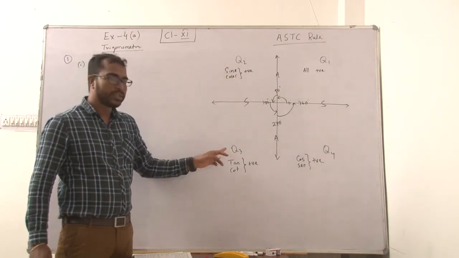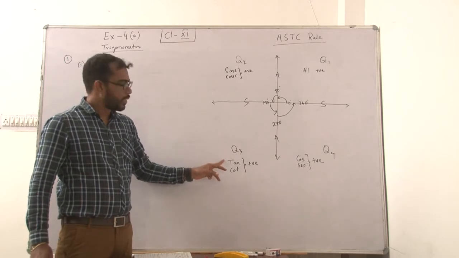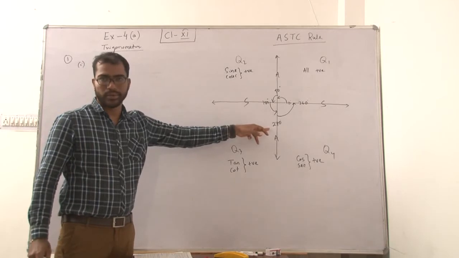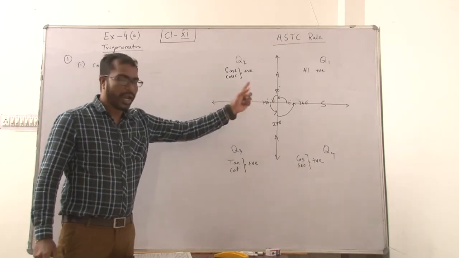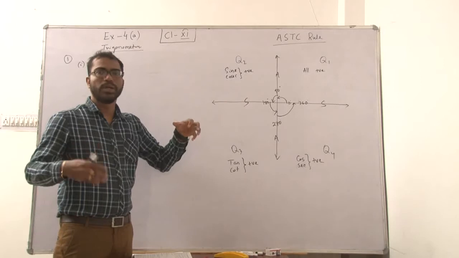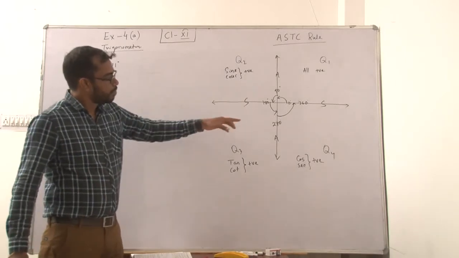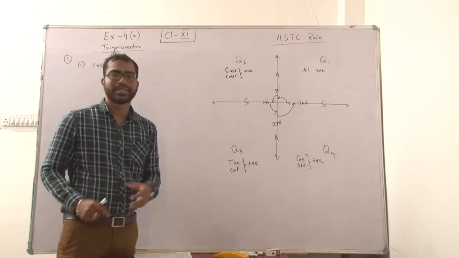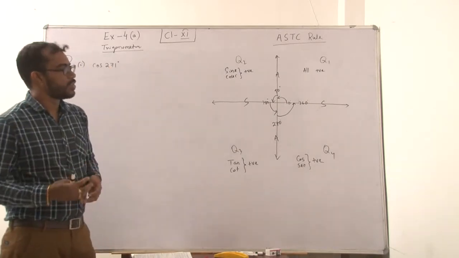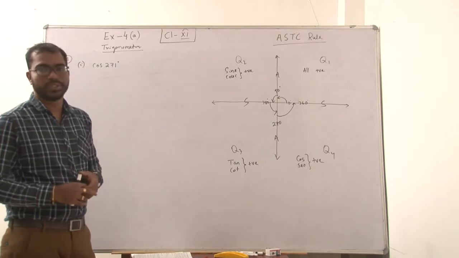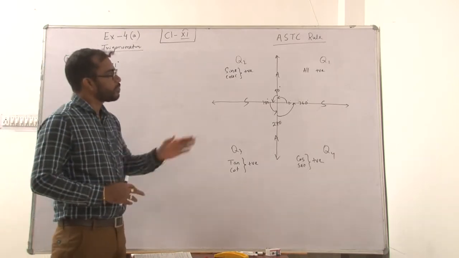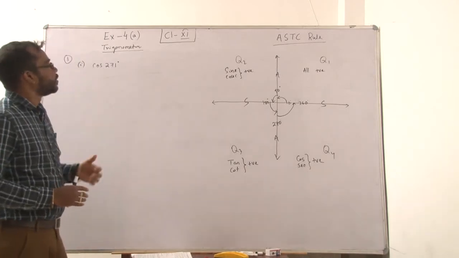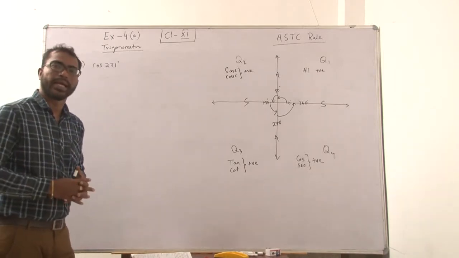In the third quadrant, tan and cot are positive, and it lies in 180 to 270, because we measure in an anti-clockwise direction, since all angles are positive. In the fourth quadrant, cos and sec are positive, and it lies from 270 degrees to 360 degrees. So according to the rule, we have to learn which ratios are positive and negative.